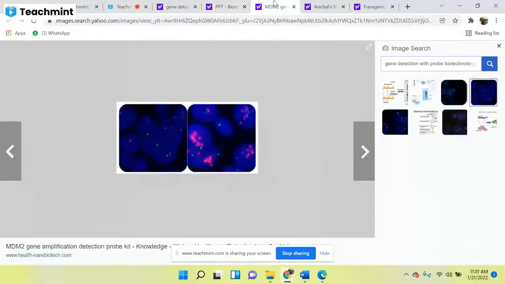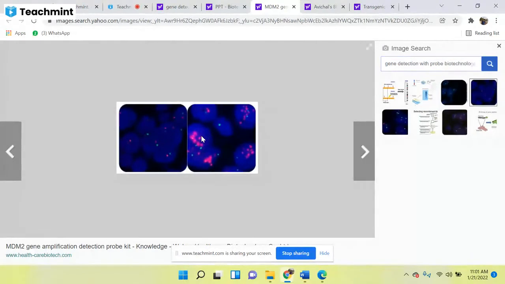So I'll give you some pictures. You just see here. Here, the blue colors are representing the cells, but this pink color is the signal. So suppose we have taken the probe with this particular signal. If this probe is binding with the DNA of this sample, then under certain conditions, it will provide a signal with UV rays or different things.